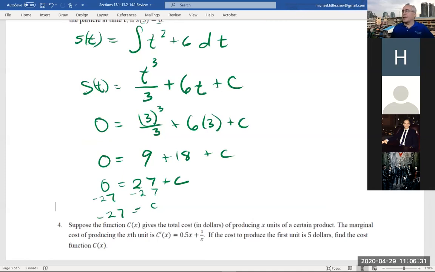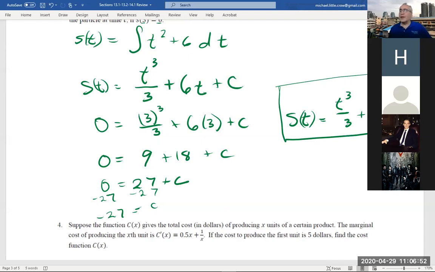So our final answer would be the function here, that s of t is t to the third over 3 plus 6t minus 27. Okay, so it's just like the last ones, integrate, but we've been given enough information to find the constant.